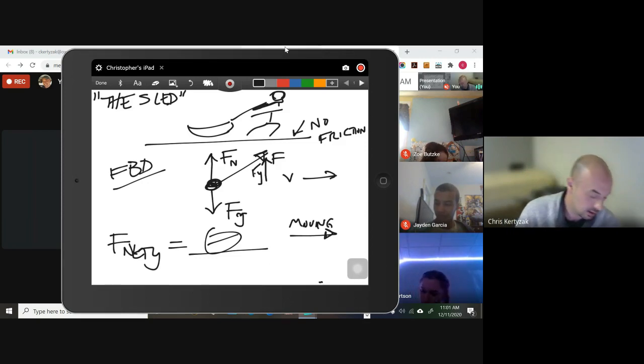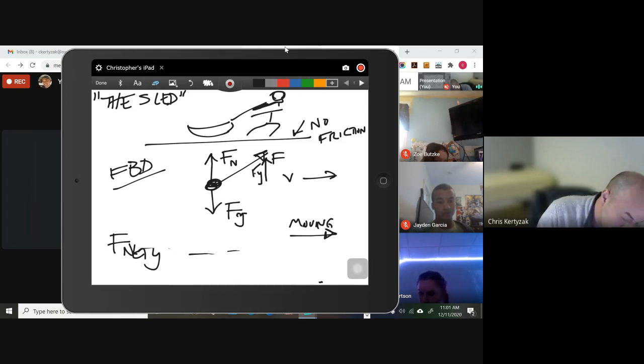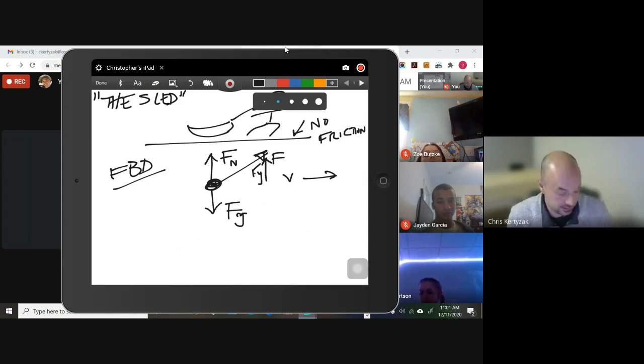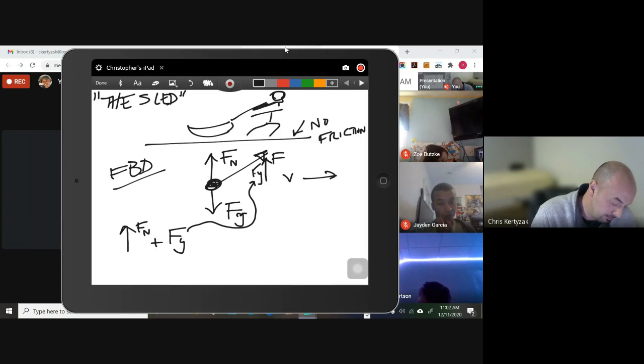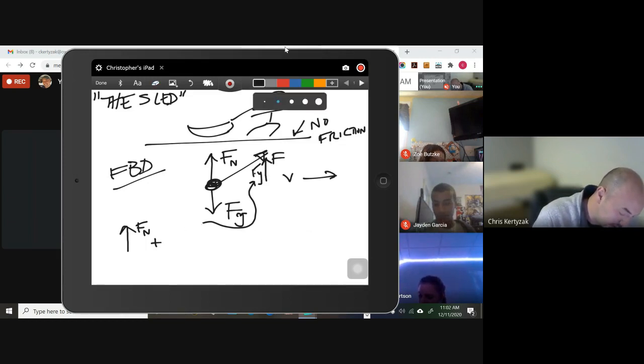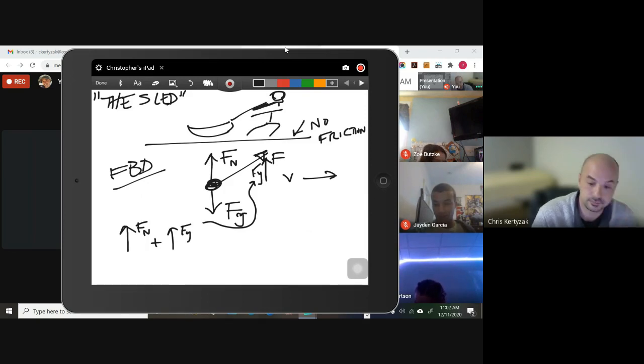All right, so let's think about how that would play out. This is how I teach it conceptually. It's the only shot you have at doing well in physics, in my opinion. So what that means is that the Fn up plus the Fy component has to be equal to what?